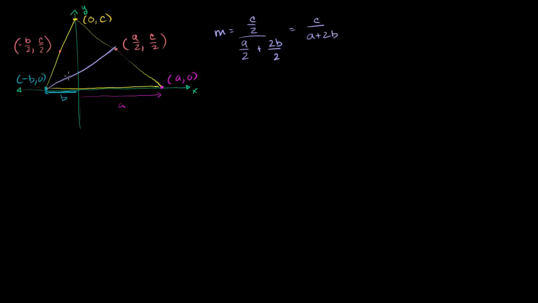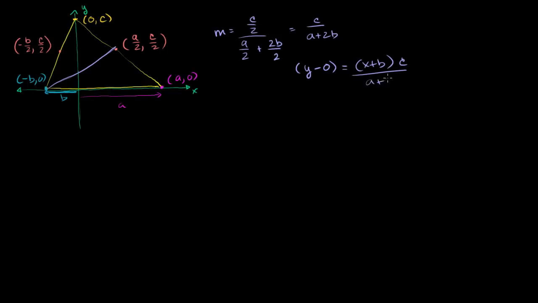So that's the slope of this line right over here. And we know some points here, so we could just use the point-slope formula for the equation of a line. We know the point negative b, comma 0 is on the line. So the equation of this line in purple is going to be y minus 0 is equal to x minus negative b, or x plus b, times our slope, c over a plus 2b.